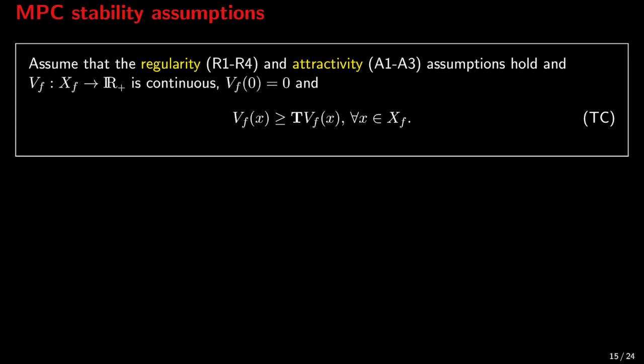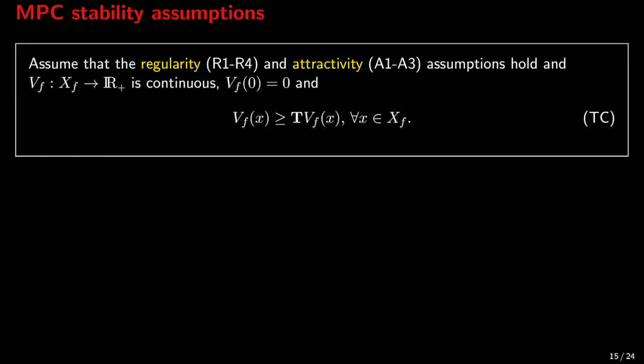This function must be continuous. At 0 it must be equal to 0, and most importantly, and this is something that we need to remember, Vf of x is above TVf of x, and this property must be satisfied for all x in the terminal set Xf.